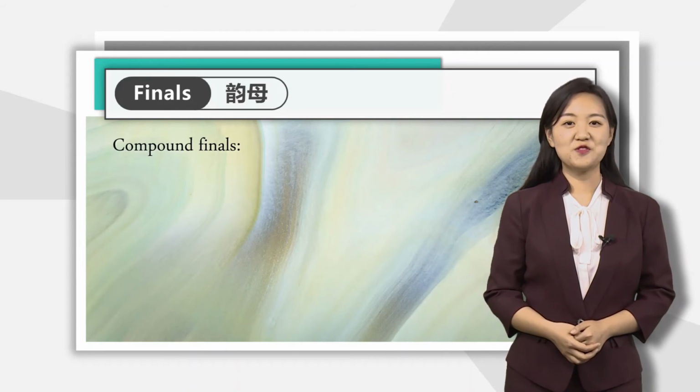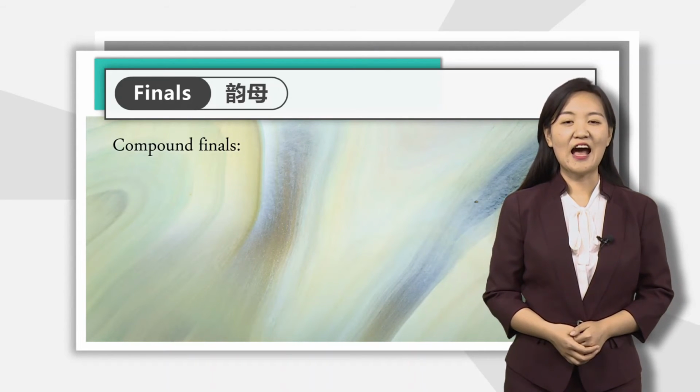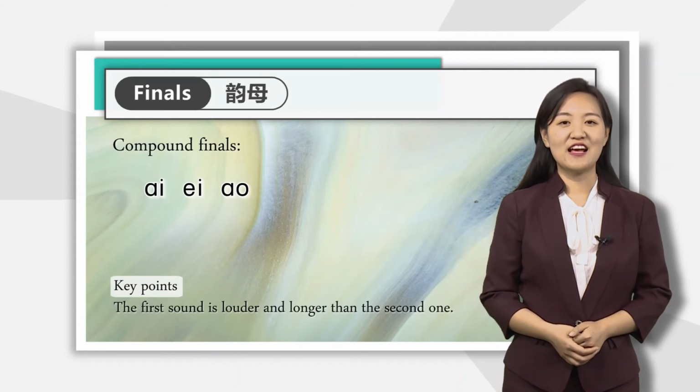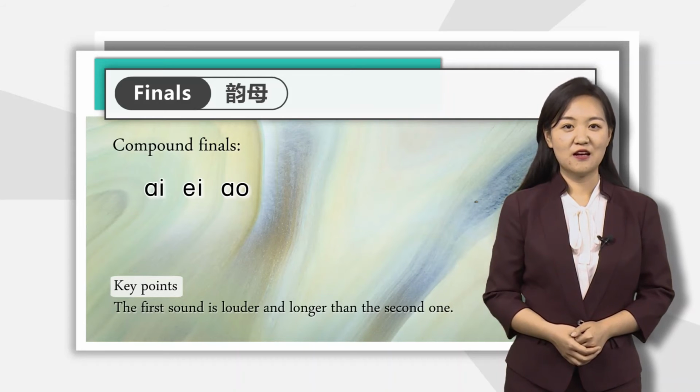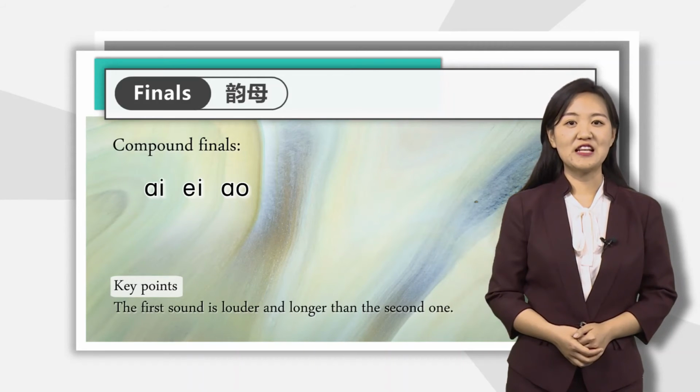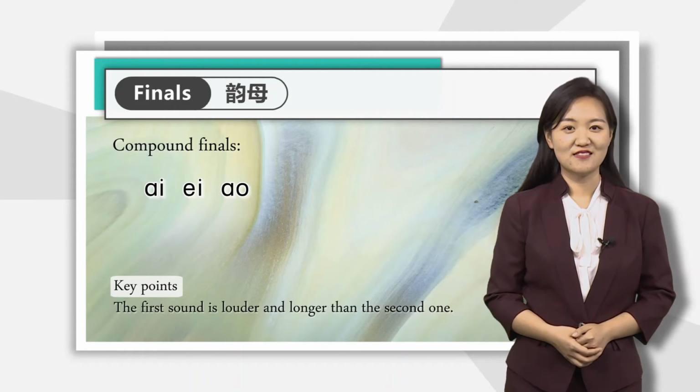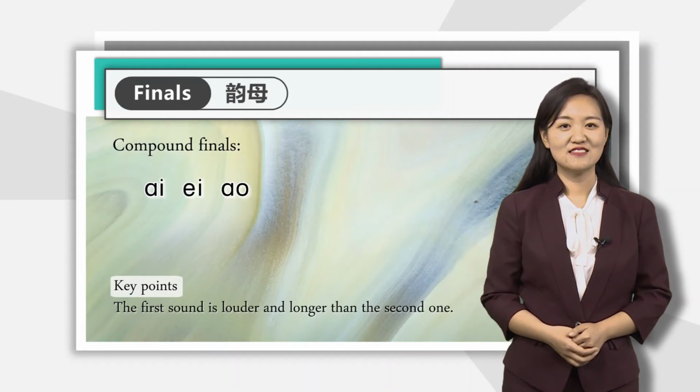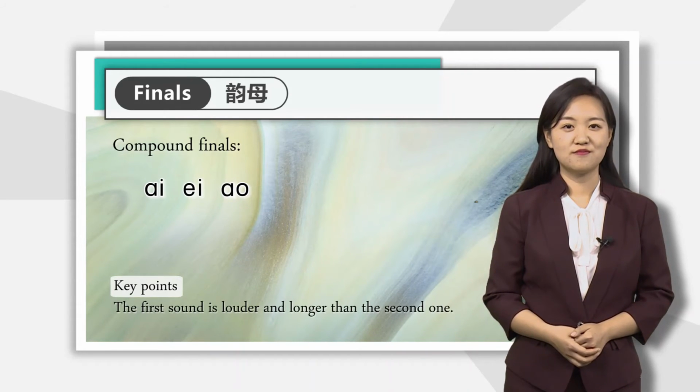Now let's move to the compound finals. ai, ei, ao. When pronouncing these three finals, the first sound should be louder and longer than the second sound. Read after me. ai, ei, ao.